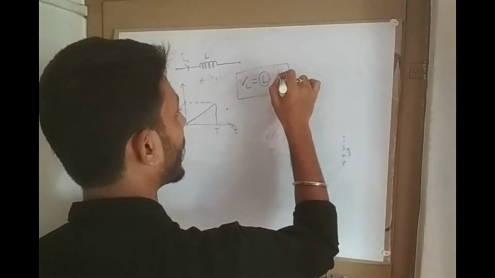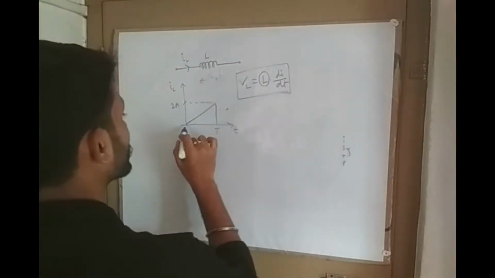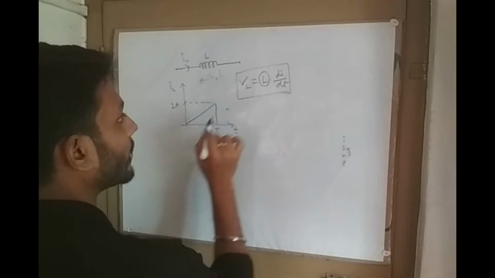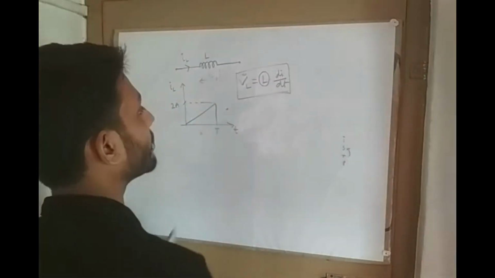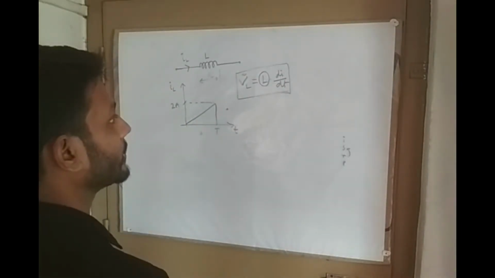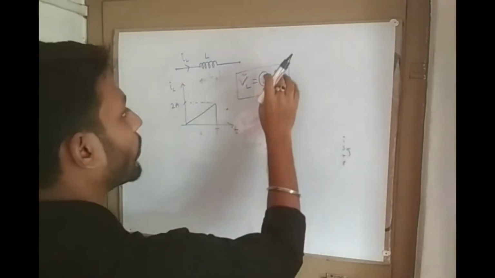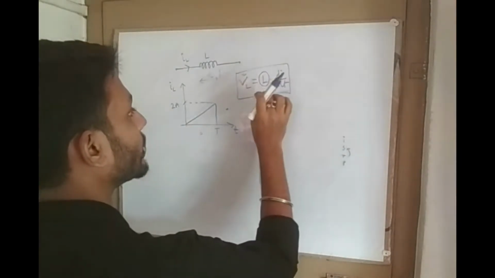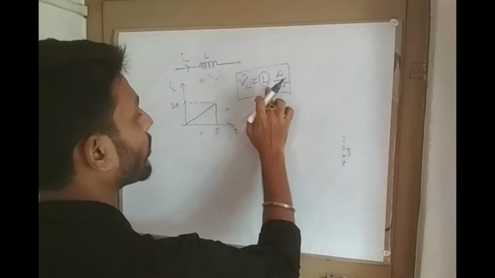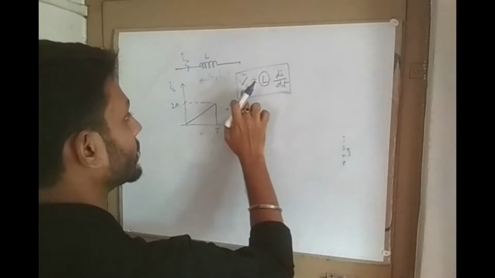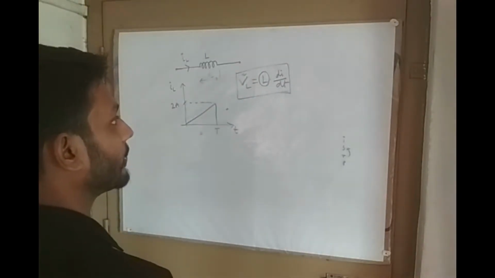And the current wave shape is given here, and we have to find out the VL wave shape. In this case, what will be the di dt? We have to multiply that with a constant term L, then we will get the value of VL.